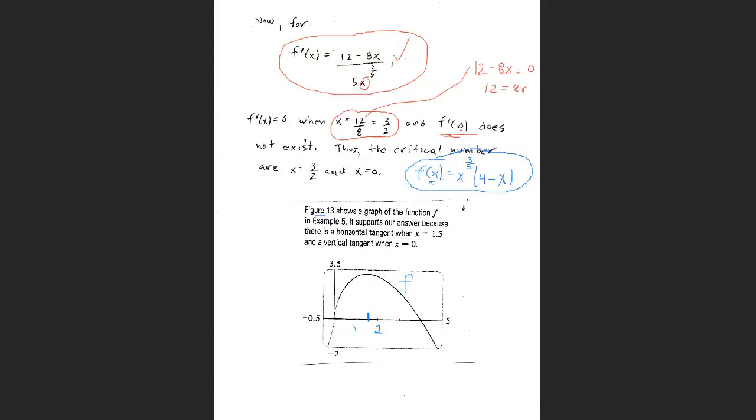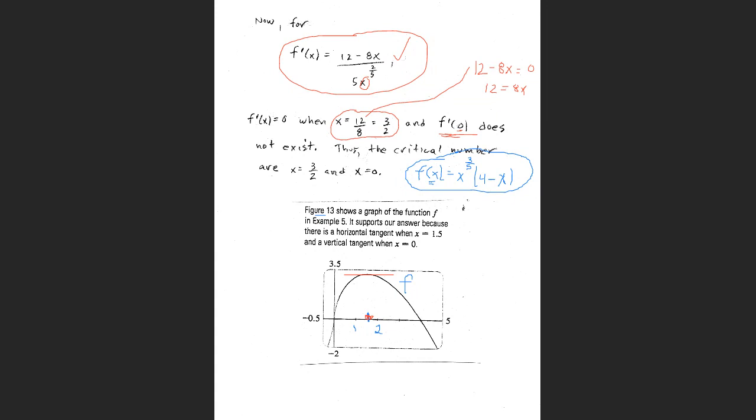When x is 3/2, f prime of 3/2 equals 0, right? The tangent line slope is 0 at x equals 3/2, right? This is 3/2 here.